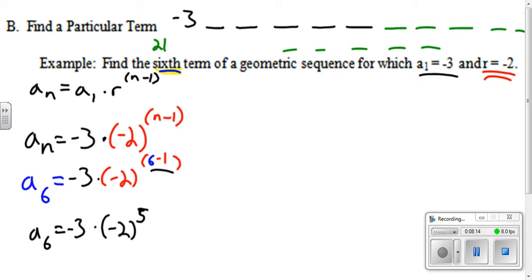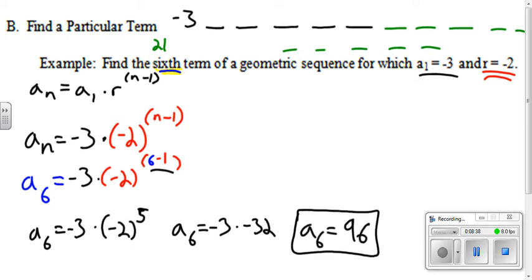Negative 2 to the fifth power is actually going to be negative 32. So we'd say a sub 6 is negative 3 times negative 32, and a sub 6 equals positive 96.